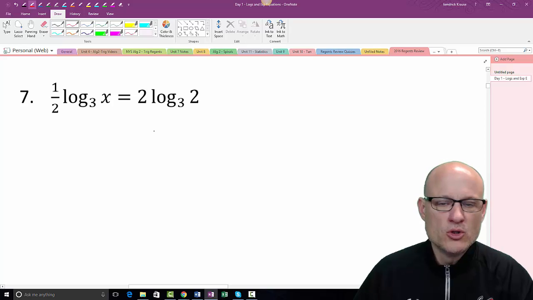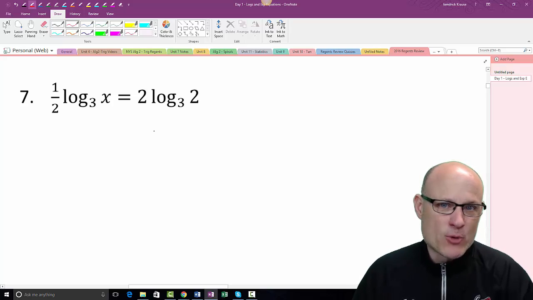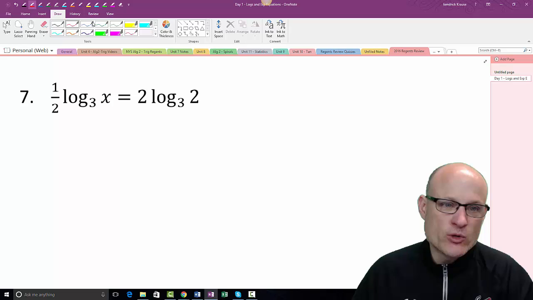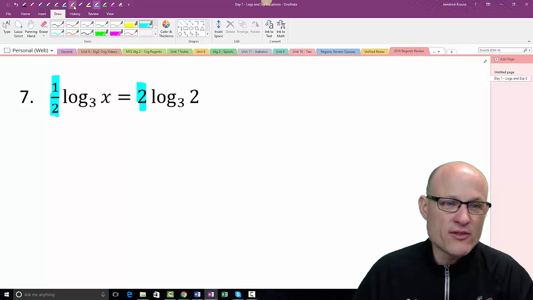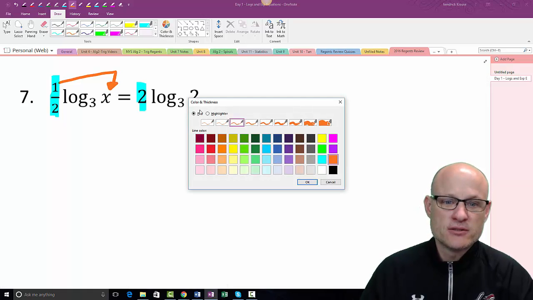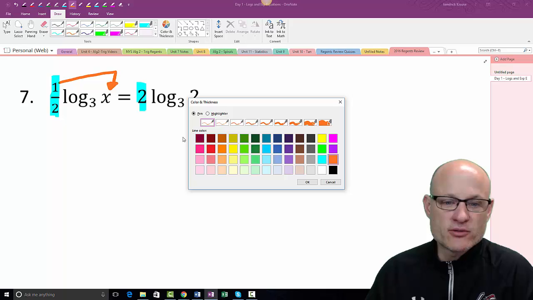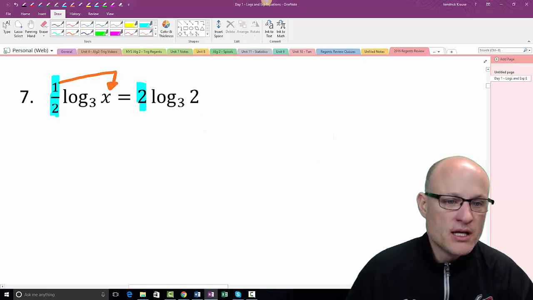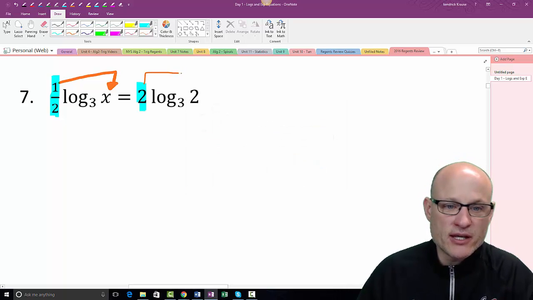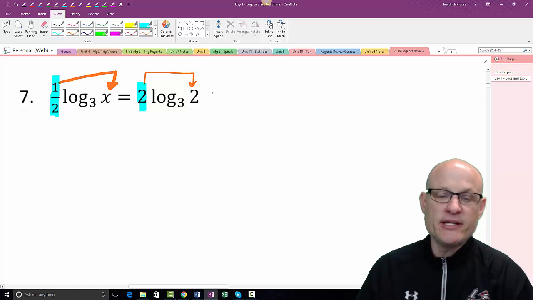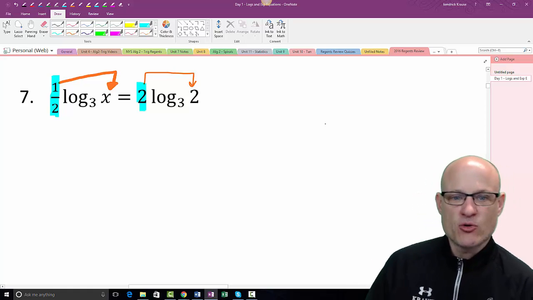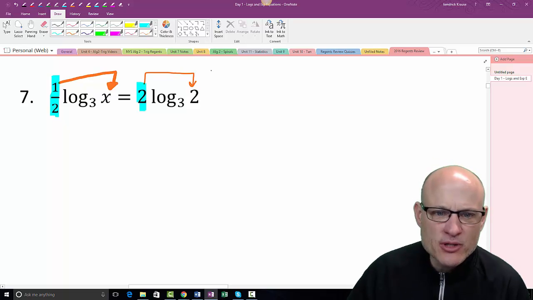Okay, you got to remember one of the laws of properties. When you have numbers in the front, such as this 1/2 or this 2, where those came from? If you remember correctly, they came from being here, and this came from being here.